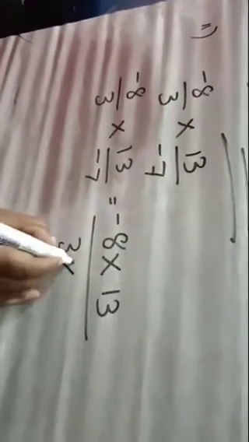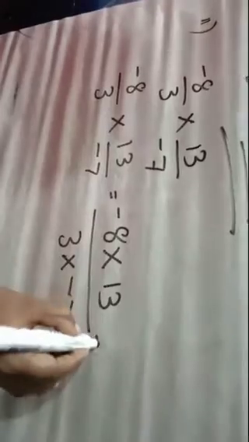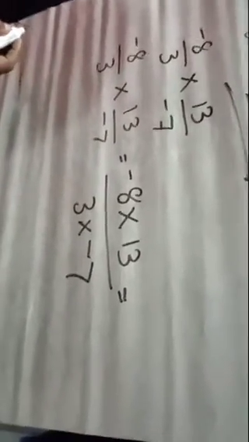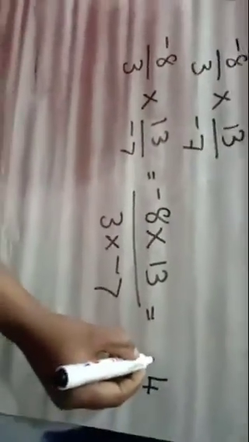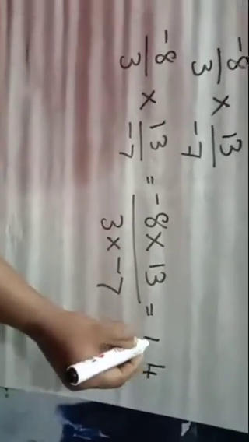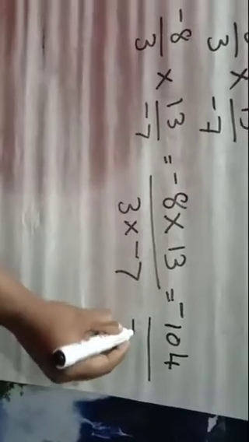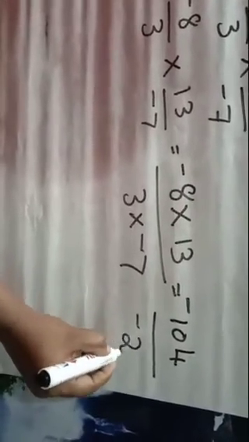So negative 8 into 13 by 3 into negative 7. Numerator into numerator by denominator into denominator. What is negative 8 into 13? 104. Negative 104 by negative 21.